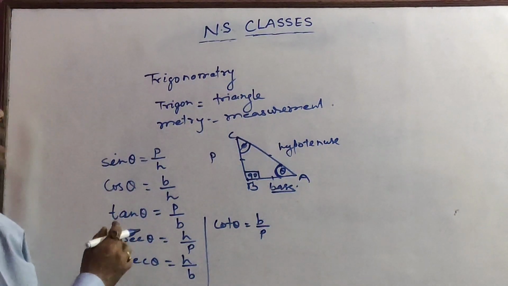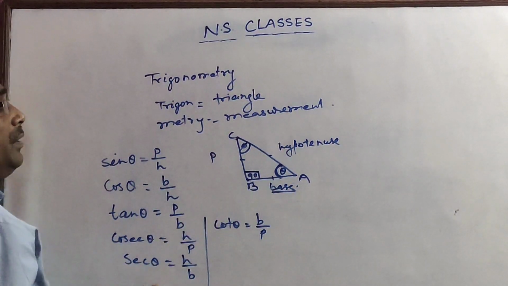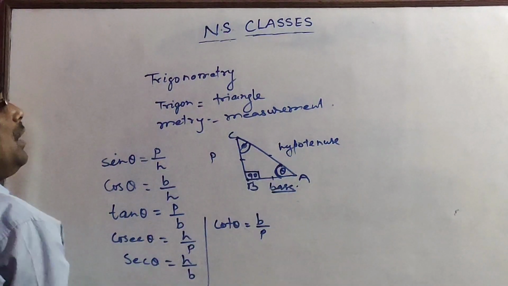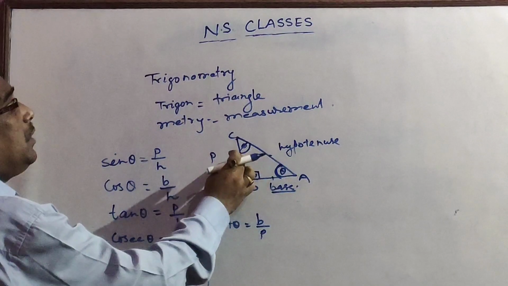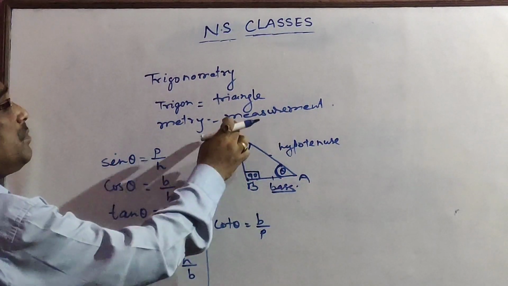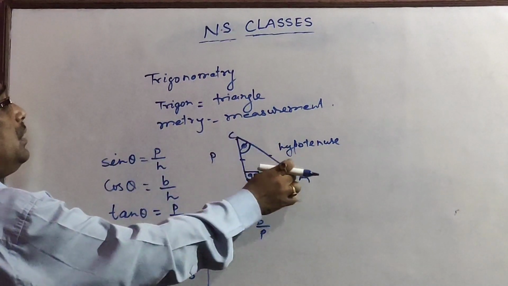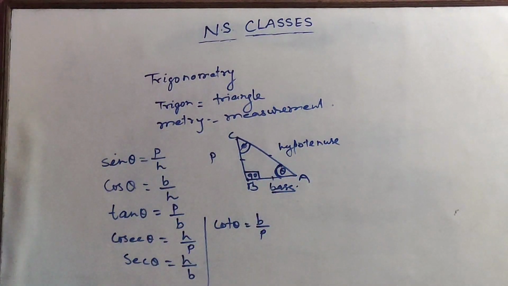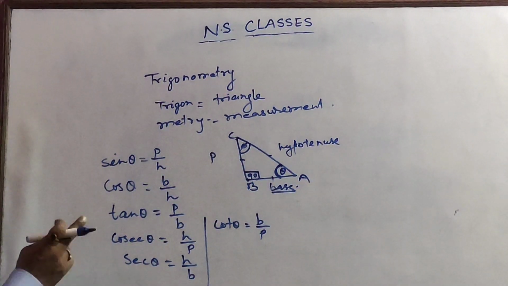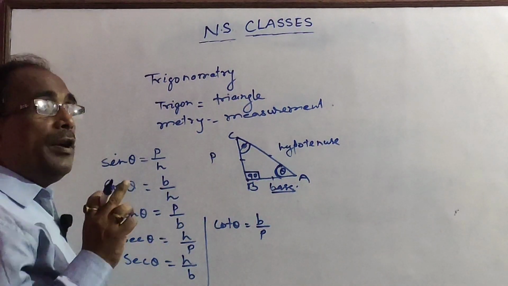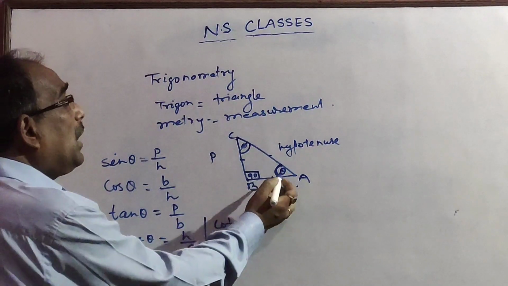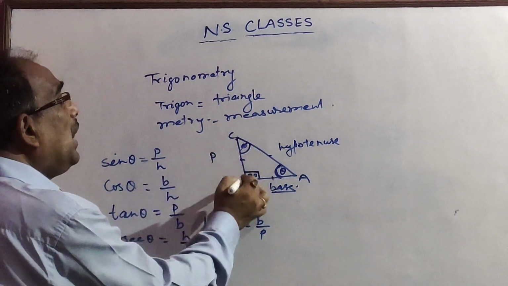Once again, dear students, this angle is theta and the side opposite to theta is the perpendicular in this triangle ABC. ABC is a right angle triangle. In class 10 we are going to study the acute angle of a right angle triangle.